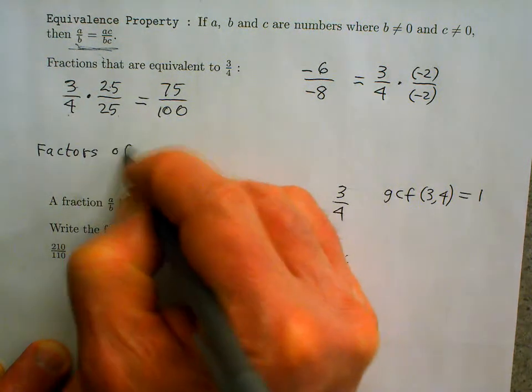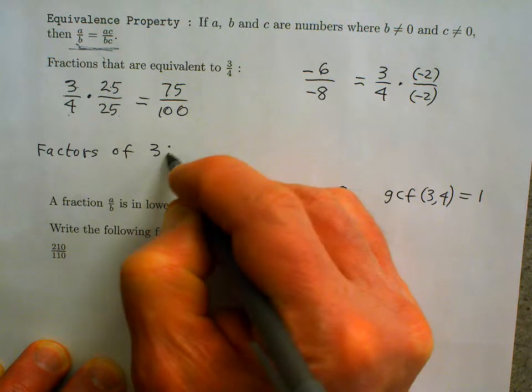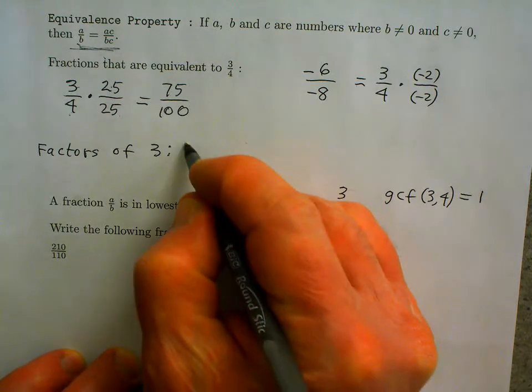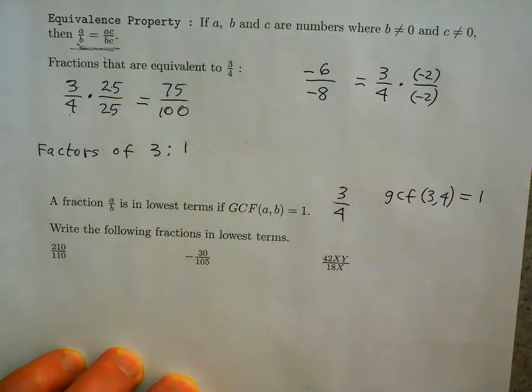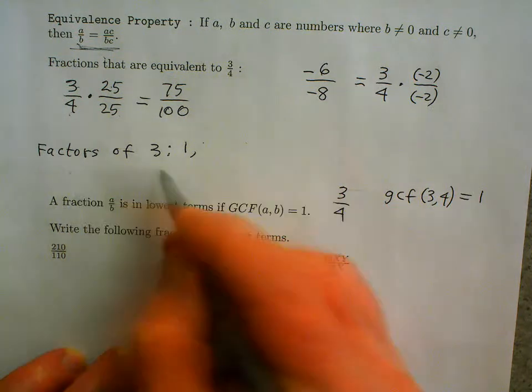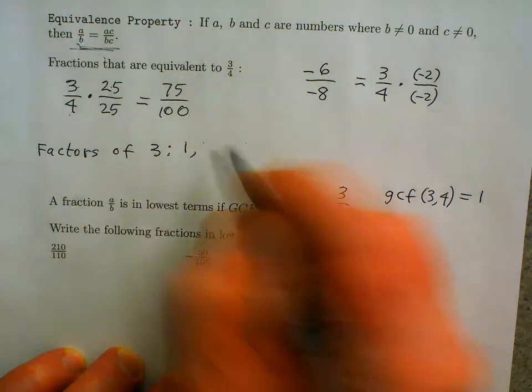The integer factors of 3, or let's just narrow it down to the positive integer factors of 3. What are the positive integer factors of 3? 1 is a factor of every positive integer, and the only other integer factor of 3 is 3.